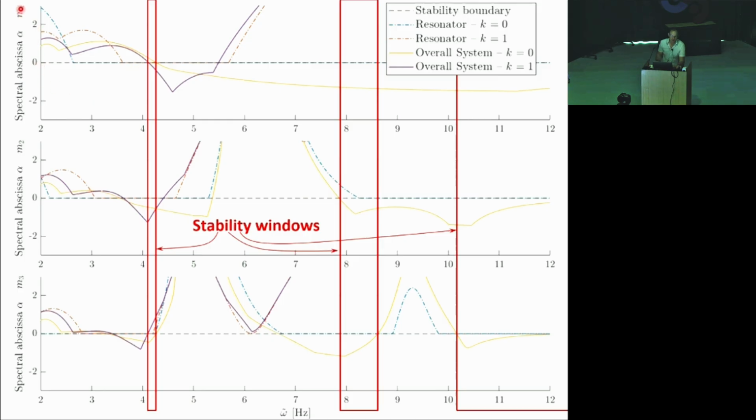So if you want to stop M1, M2, M3, these are the numerically computed spectral abscissas of the system and of the resonator substructure. So we see that we have really small stability windows. Here we have one close to 4 Hertz, another here, and another here.